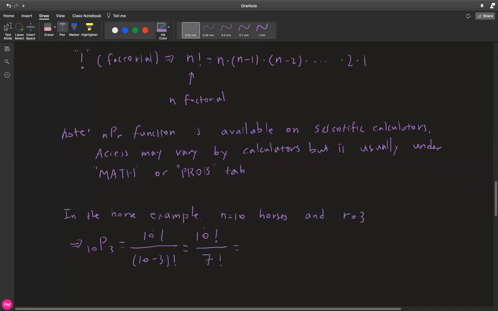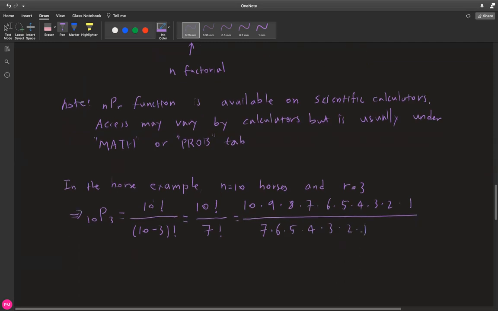By definition, we know that 10 factorial is 10 multiplied by 9 multiplied by 8, 7, 6, 5, 4, 3, 2, and 1. And in the bottom, 7 factorial is 7, 6, 5, 4, 3, 2, 1.